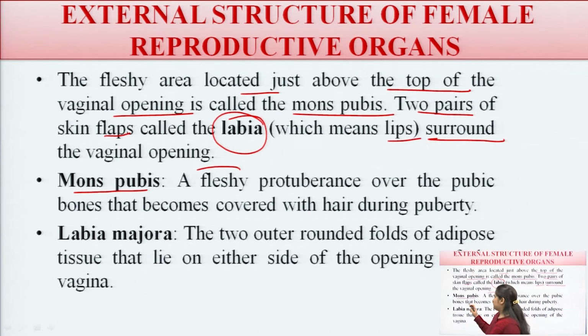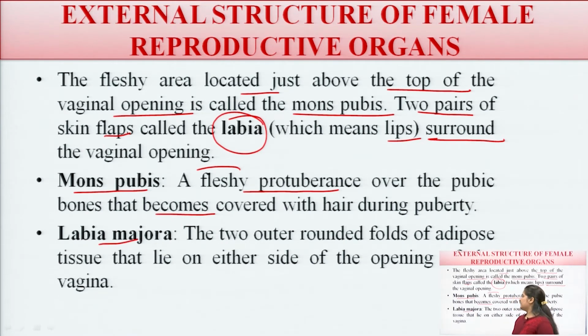Next is the mons pubis. So what is the mons pubis? It is a fleshy protuberance over the pubic bone that becomes covered with hair during puberty. So after puberty there is growth of hair on the mons pubis.